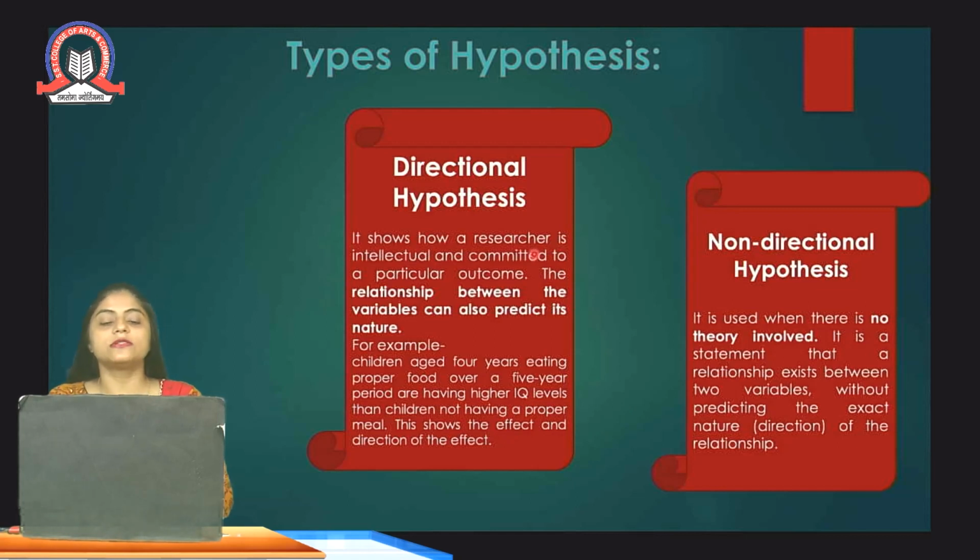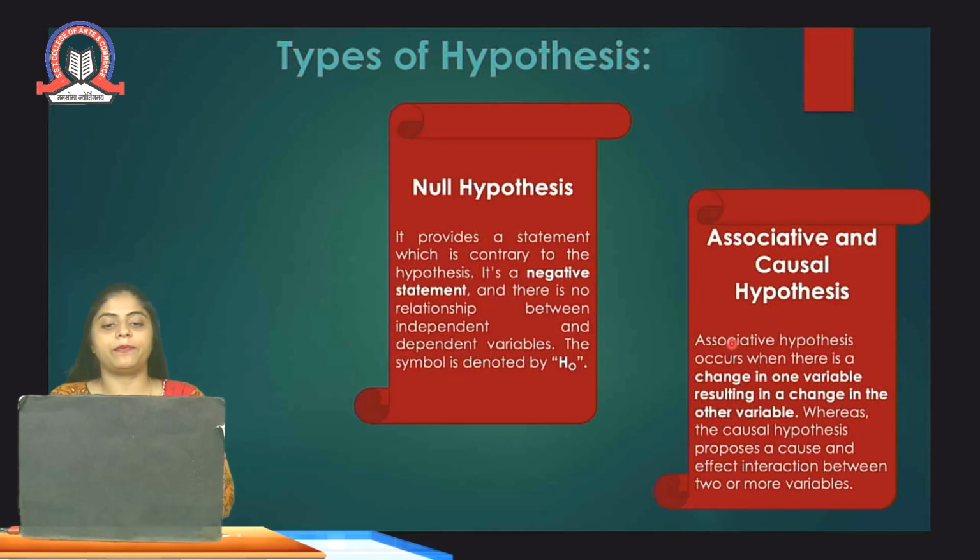So, this shows a direct relationship between the two things. Non-directional hypothesis is used when no theory is involved. It is a statement that a relationship exists between the two variables without any predictions.